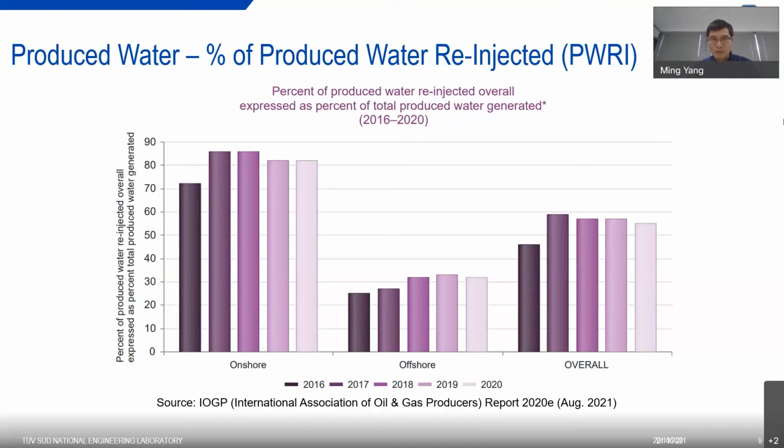IOGP members produce roughly about 40-45% of the total world oil, so the data shown here should be quite representative. We can see here onshore, roughly about 80% of this produced water is reinjected, and offshore, we're looking at just over 30% of this produced water being reinjected, the rest being discharged.